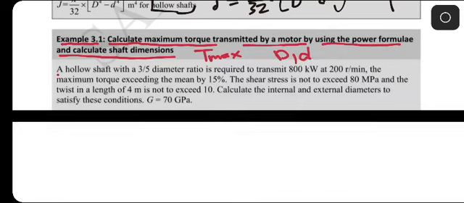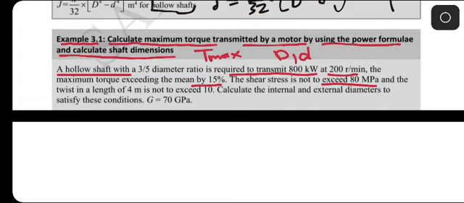I've been given a hollow shaft with a 3/5 diameter ratio, which is required to transmit 800 kilowatts at a speed of 200 revolutions per minute. The maximum torque exceeds the mean by 15%. The shear stress is not to exceed 80 megapascals.